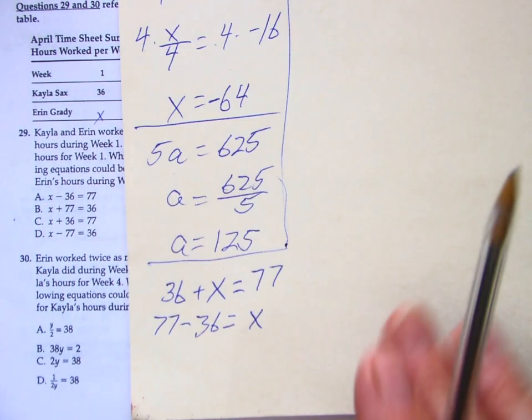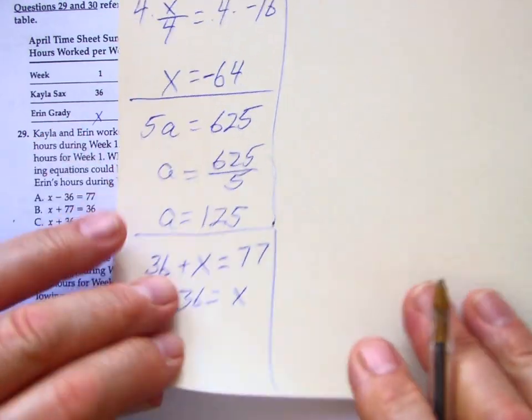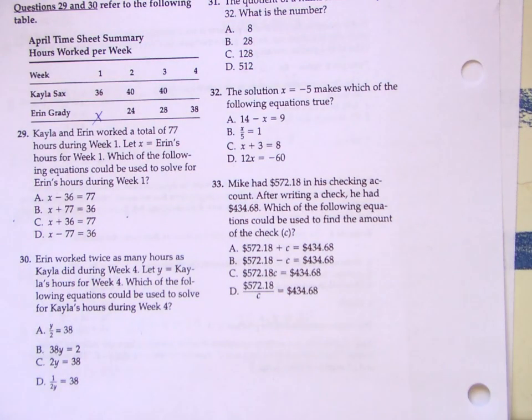Try number 30. Okay, I hope you paused it and tried it. Aaron worked twice as many hours as Kayla did during week 4. Let Y be Kayla's hours for week 4. Which of the following equations could be used to solve for Kayla's hours during week 4?